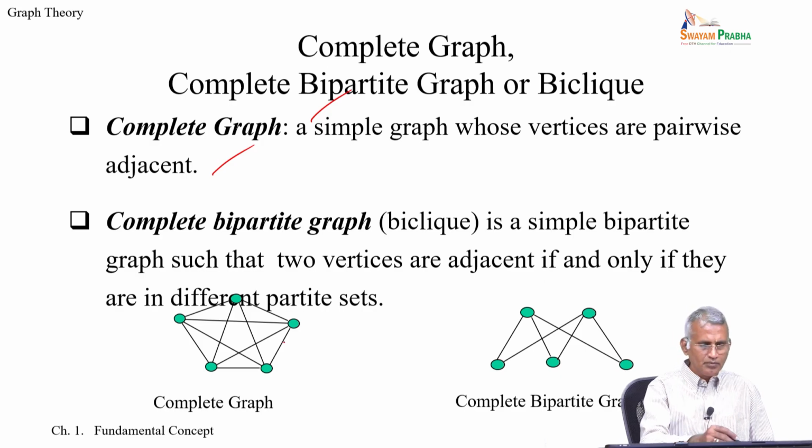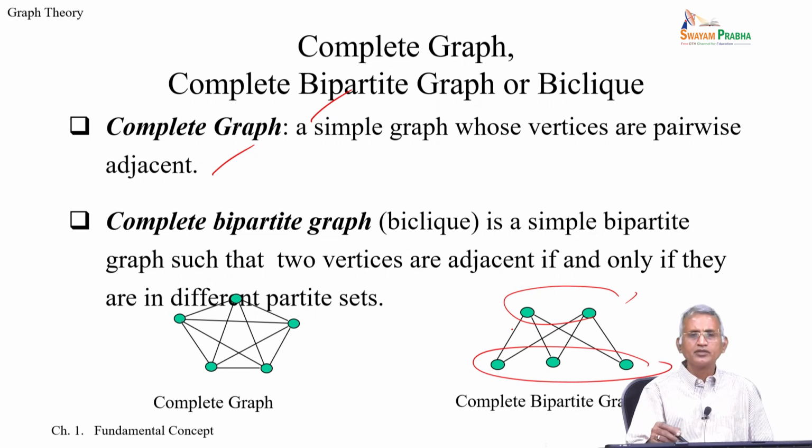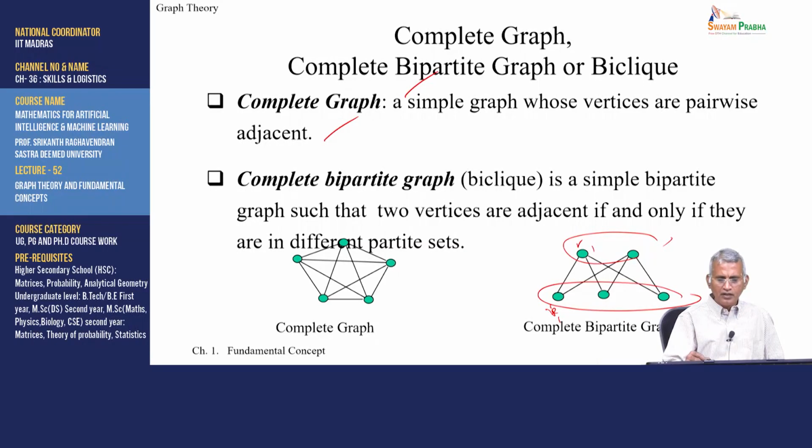So, this is a complete graph: take any vertex and connect it with all the other vertices. Bipartite means one set is like this, another set is like this, and every vertex of the opposite set is connected from one vertex. See here, this V1 is connected with V1 dash, V2 dash, V3 dash, so it is bipartite.